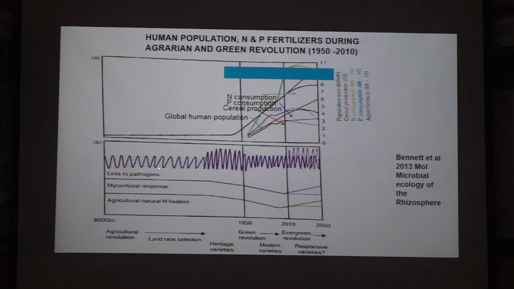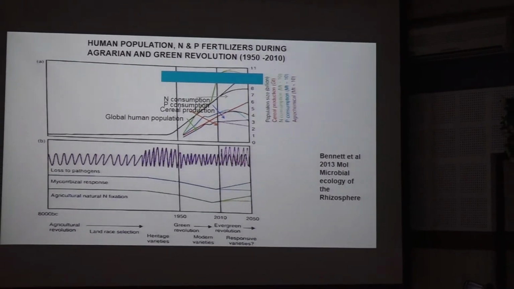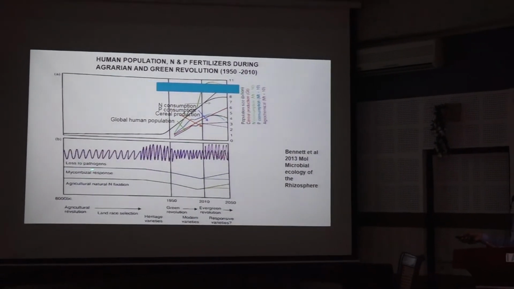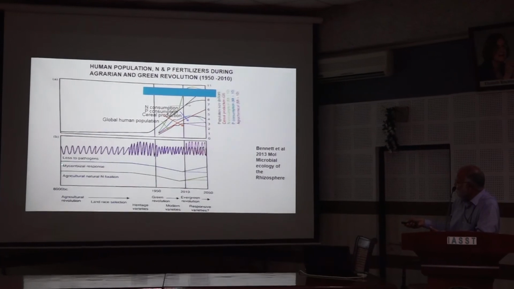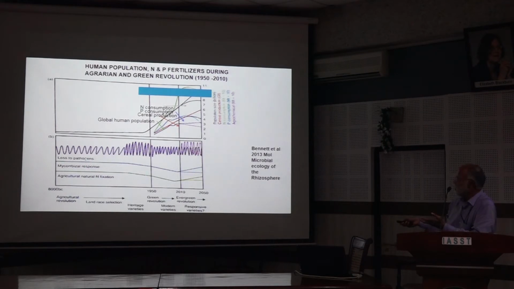The grain that is formed, the plant feeds the insects, whom we call pests, but it was in a very balanced way. Every year you get some amount of crop loss, right? These two graphs show the contribution of below-ground microorganisms. One I showed is mycorrhizal response, or agricultural natural nitrogen fixation. So in crop production, these microorganisms have historically been contributing tremendously.